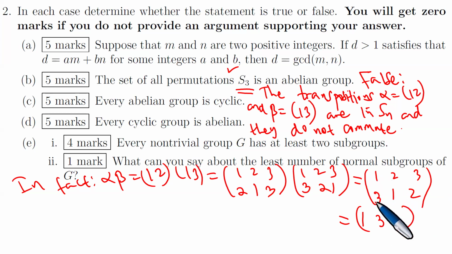In this particular cycle of length 3, this cycle means that 2 goes to 1, but 1 goes to 3, 3 goes to 2. Okay, take note of that.